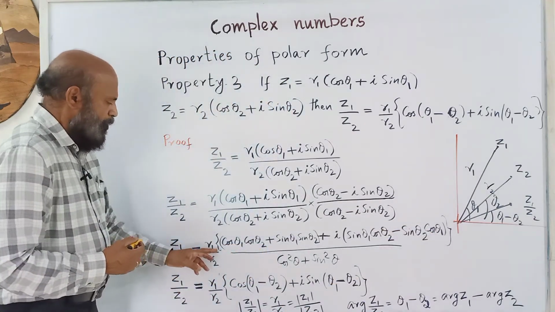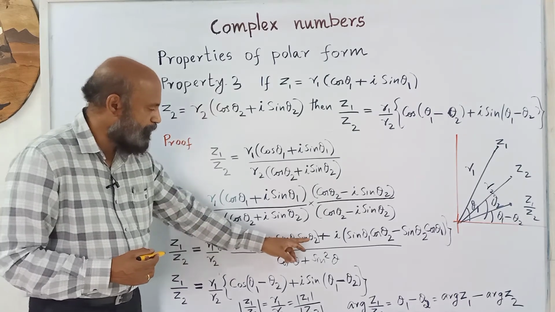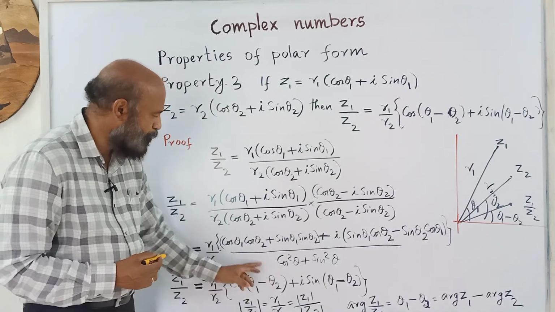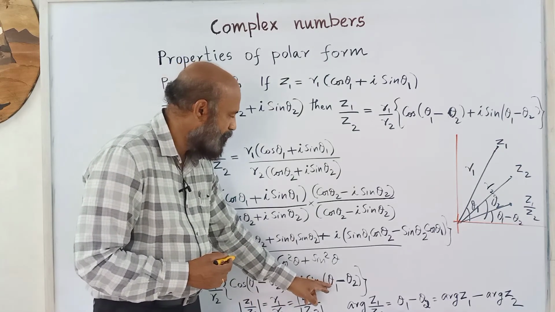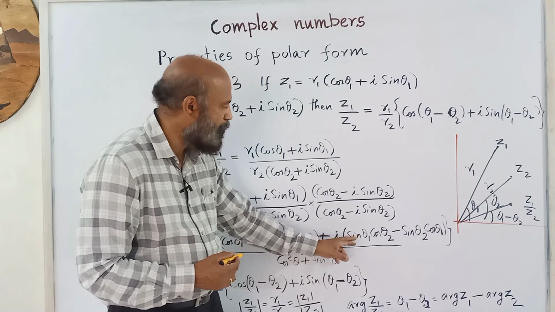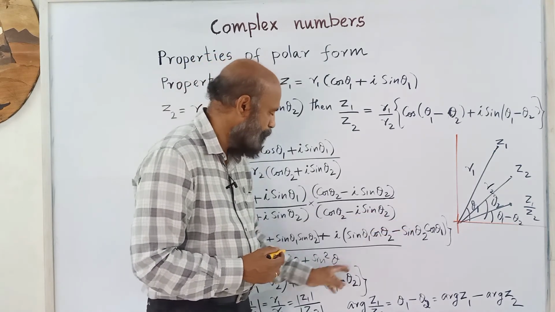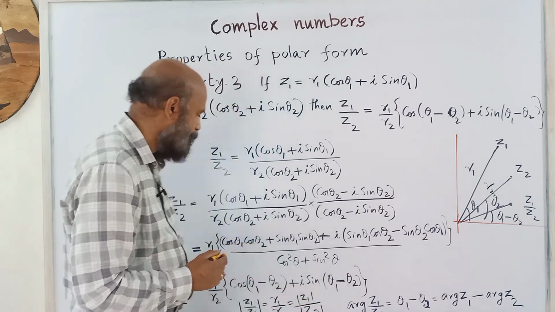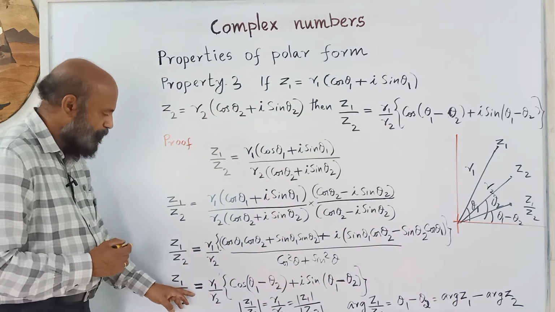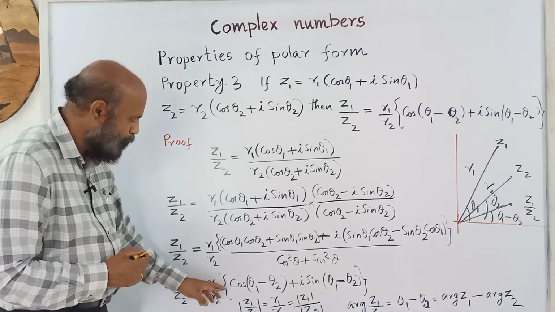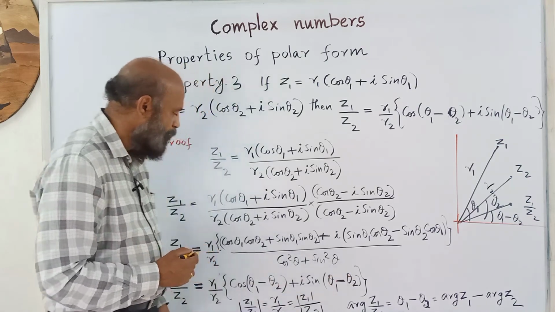It is of the form cos A cos B plus sin A sin B. So it is cos A minus B, plus i sin theta 1 minus theta 2, because this is of the form sin A cos B minus cos A sin B. So it is sin A minus B. Now z1 by z2 is r1 by r2 cos theta 1 minus theta 2 plus i sin theta 1 minus theta 2.